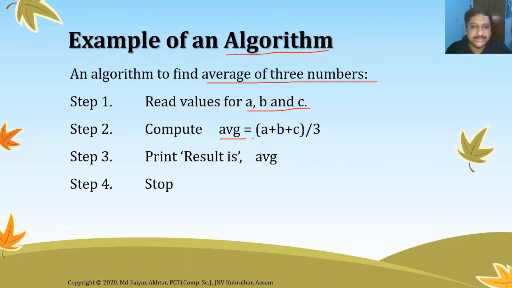This formula is given for processing. Then the result is called AVG, the print step displays the AVG result, and then the stop step is given, meaning the algorithm is complete and we must stop.